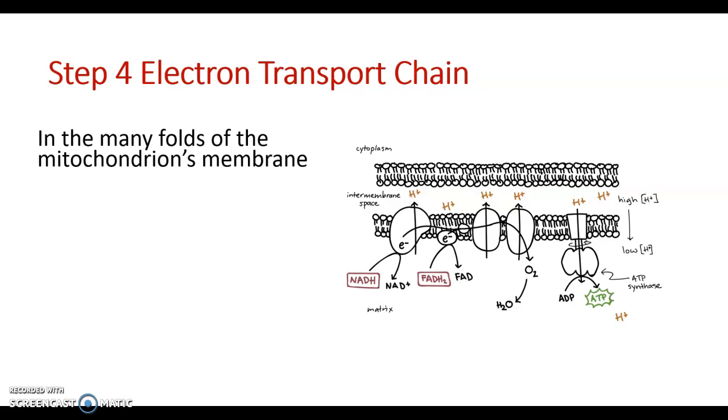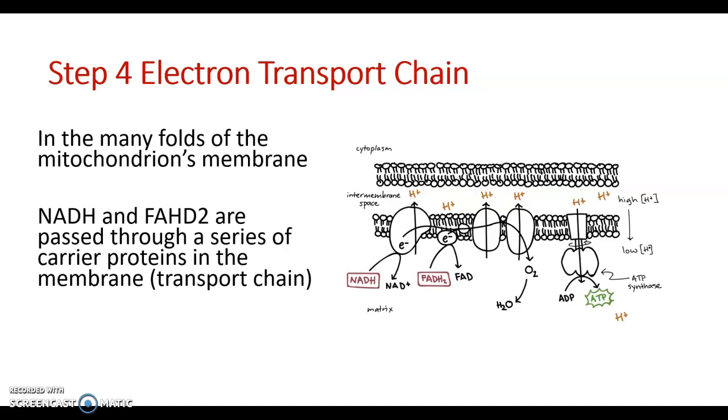And this is what's happening in all of those many folds of the inner membrane of the mitochondrion. So when we were looking at the picture of the mitochondrion before, that inner membrane was highly folded. We need all of that surface area to be able to fuel the electron transport chain.